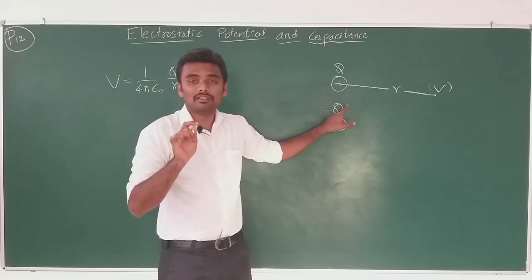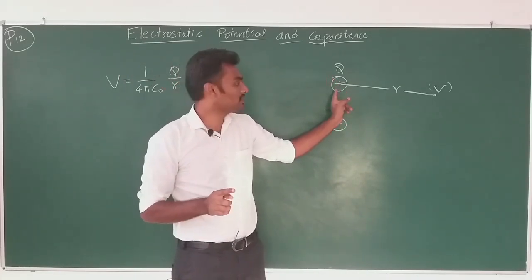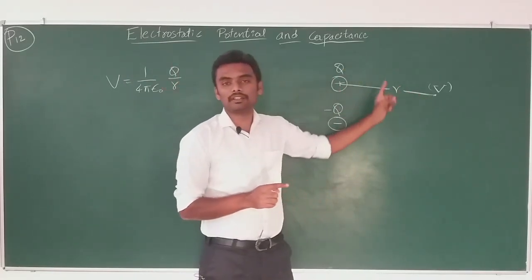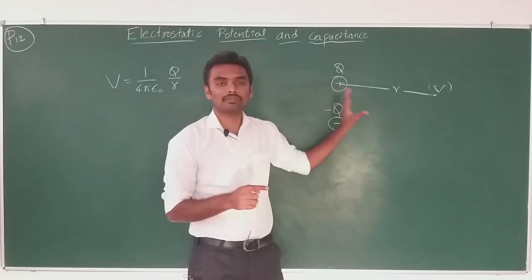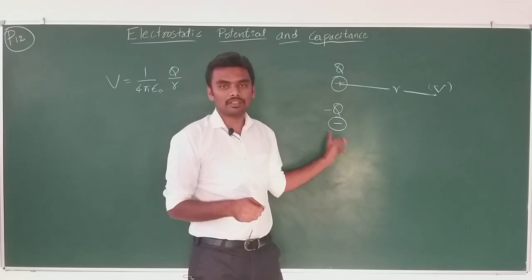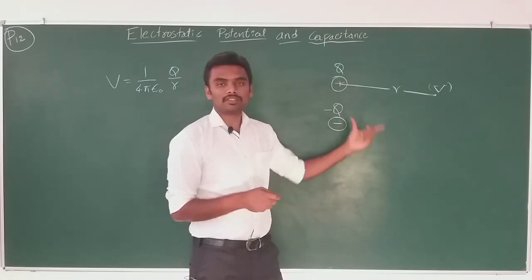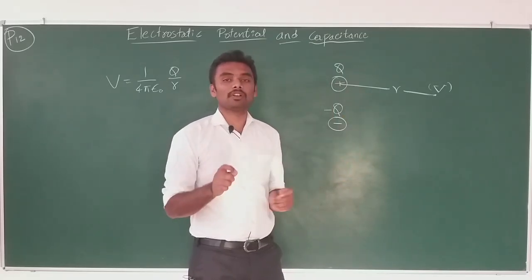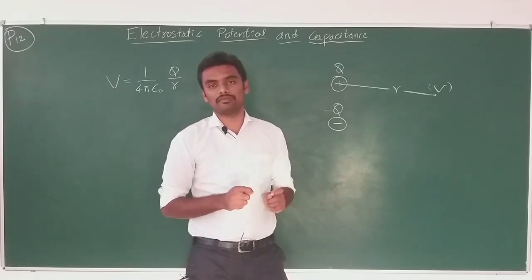Keep this in mind. If we have a positive charge, the potential in the region surrounding it will also be positive. If we have a negative charge, the potential in the region surrounding that negative charge will be negative itself.